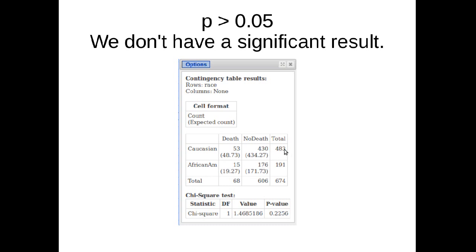It does the row totals and the column totals, and it also gives you the expected count because I asked for it. Okay, so the expected count you can see is actually not that different.